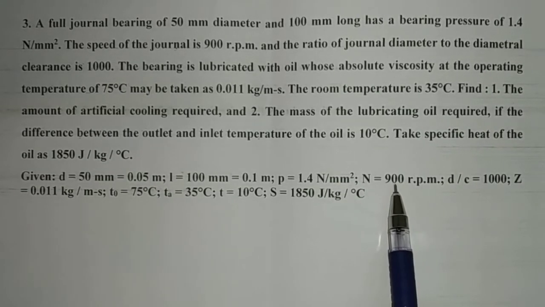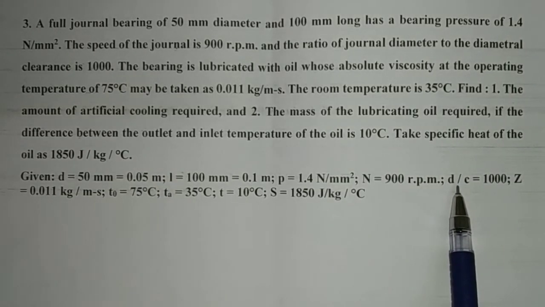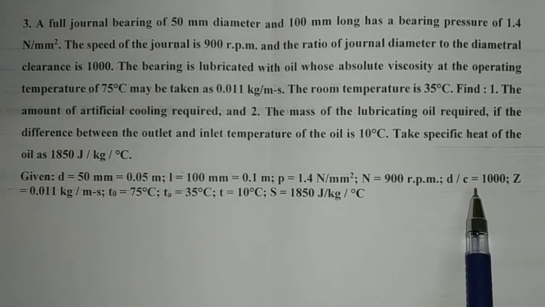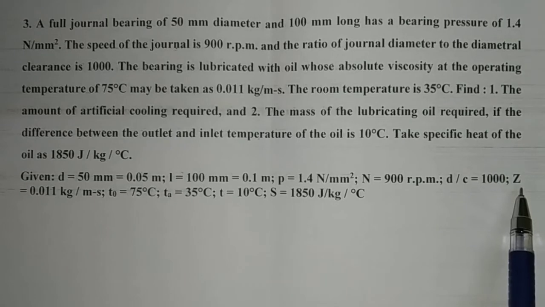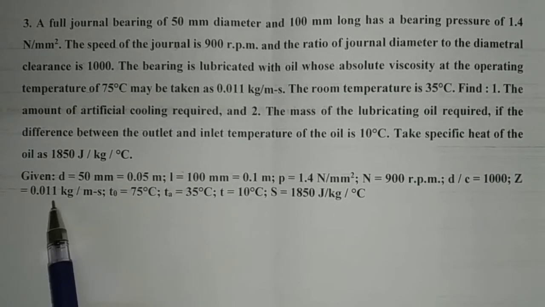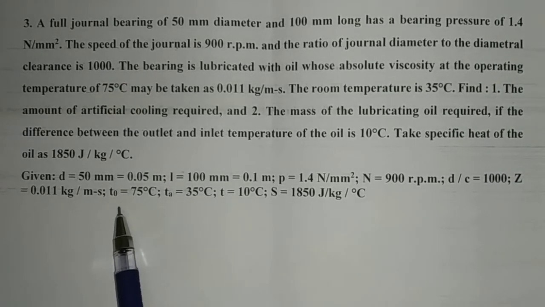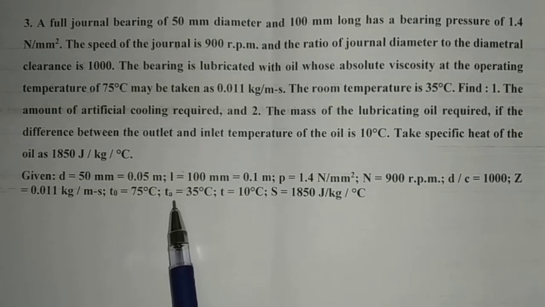Speed of the journal is 900 rpm. Diameter to clearance ratio is equal to 1000. Viscosity Z is equal to 0.011 kg per meter second. And operating temperature is 75 degrees centigrade.